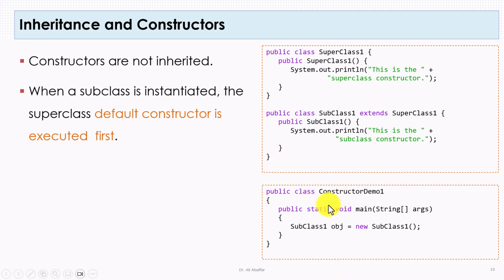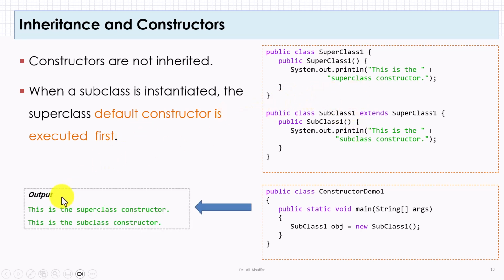So imagine this is what we are doing. We are creating an object of subclass 1, and since we are creating an object from a subclass, the system will first call the superclass default constructor, then will come back and execute the default constructor for the subclass. And this is the output.